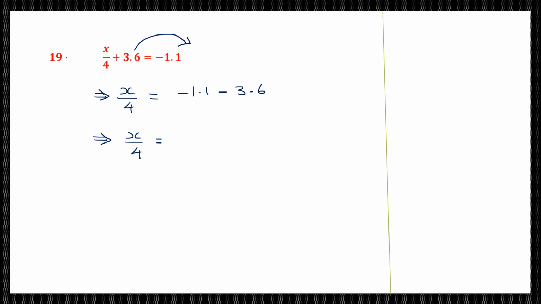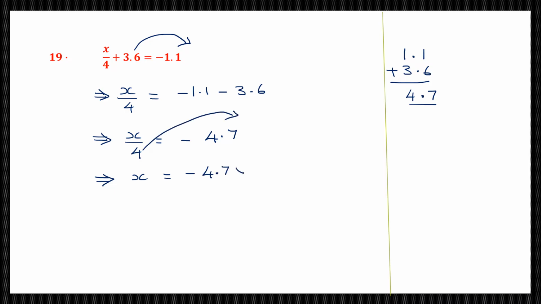When signs are the same, put the same sign and add. So let's add 1.1 and 3.6. 1 plus 6 is 7 and 3 plus 1 is 4. So minus 4.7.